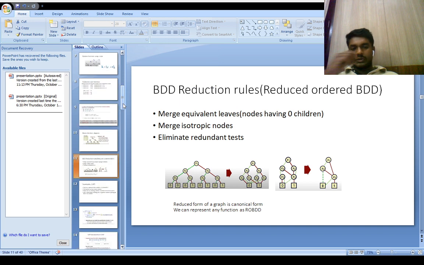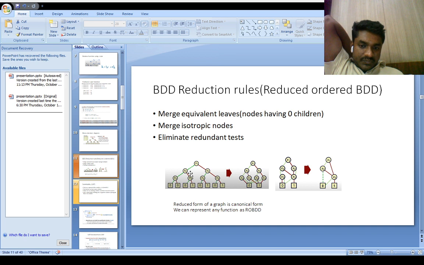Now BDD rules, some of the rules, as I have said, a dotted line indicates 0 and a straight full-fledged line indicates 1. Now when you come to here, x2 and x2 are the same and at the same level. They both are isomorphic nodes, so we can merge them and eliminate redundant tests.